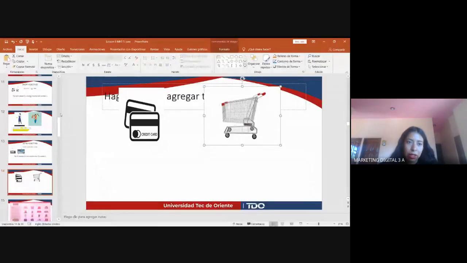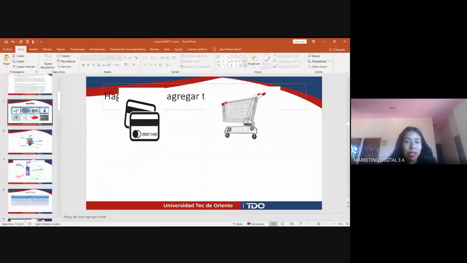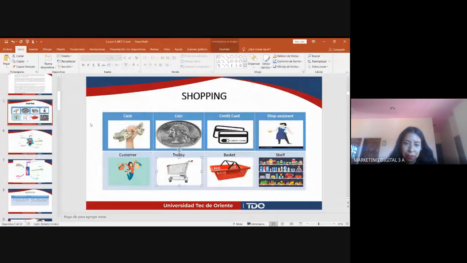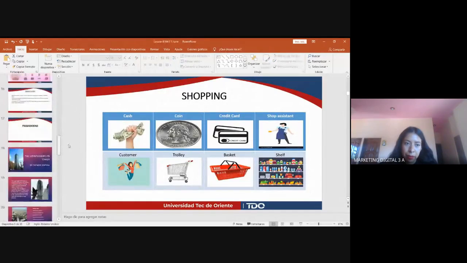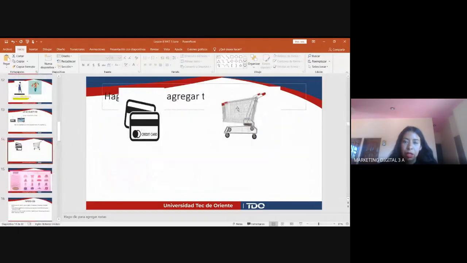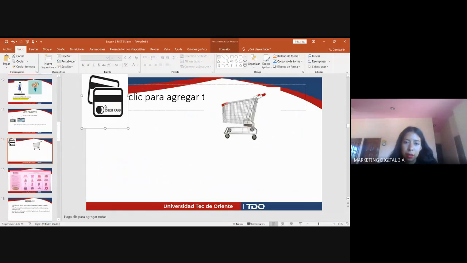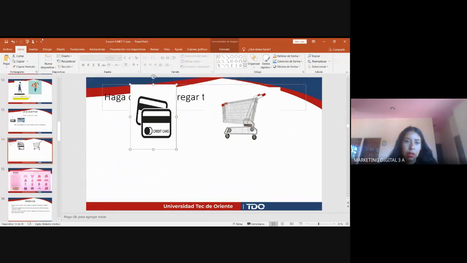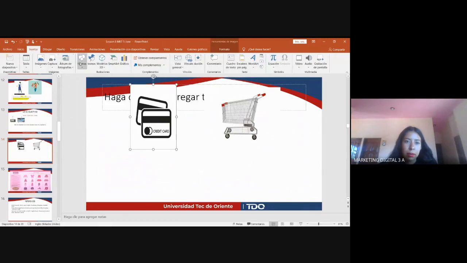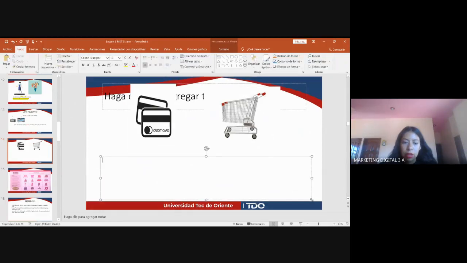Let's check the vocabulary again. Trolley. We have here the trolley. So what can you tell me about these two objects? What are the differences? ¿Cuáles son las diferencias, chicos? What are the differences between these two objects?